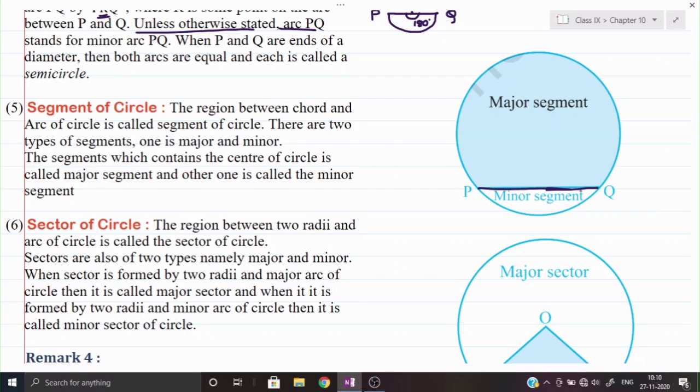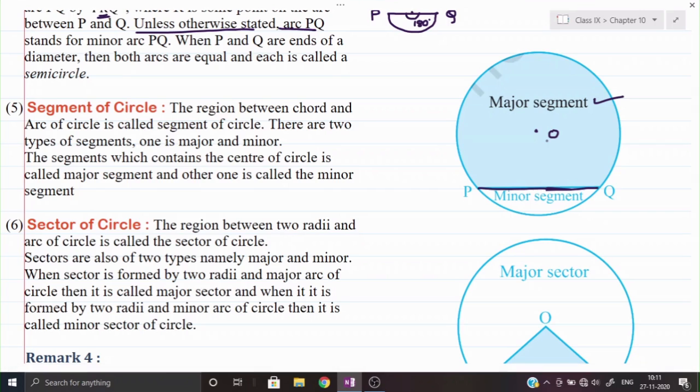Why is it called the minor segment? Because you see, the major part is coming here, and somewhere here the center will lie. Definitely in this minor segment the center will not lie. The center will lie in the blue part over there. So wherever the center lies, that segment is called the major segment, and wherever the center doesn't lie is called the minor segment.